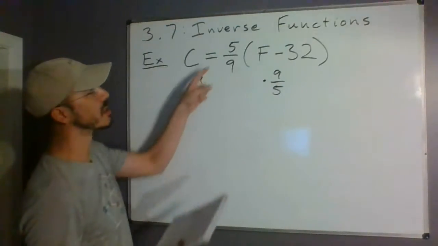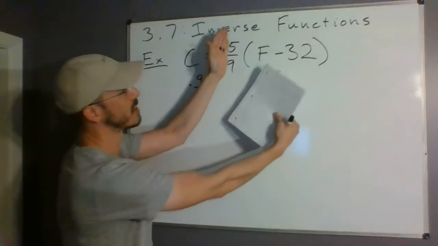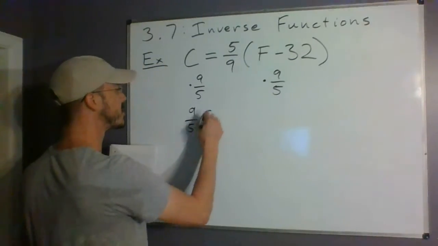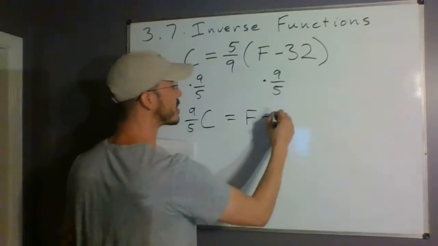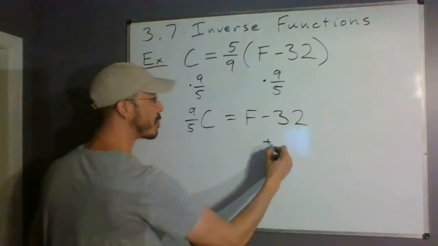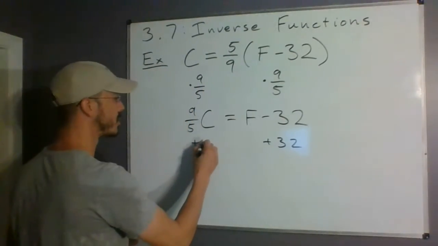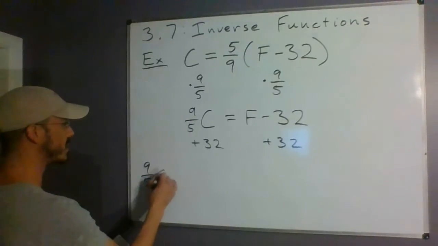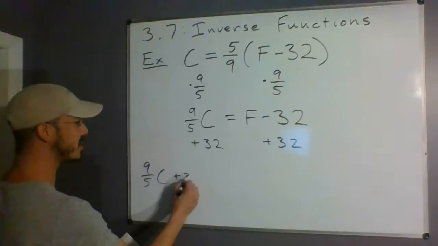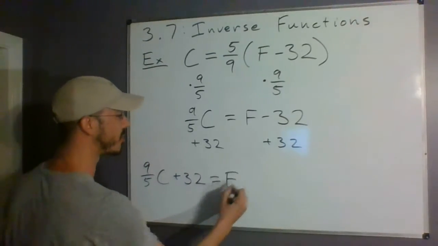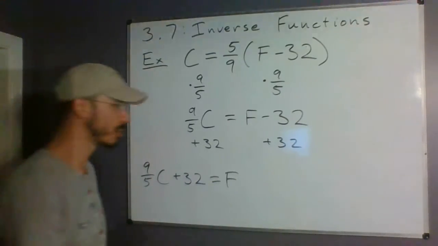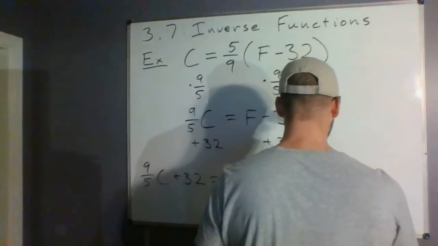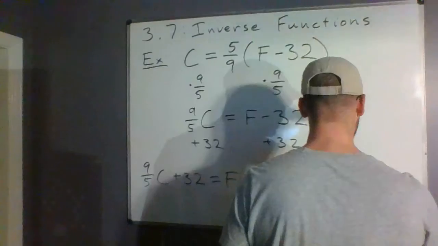The reason is that 5/9 times 9/5 goes away, that's 1. So I have 9/5 C equals F minus 32, and then one more step, plus 32 on both sides. 9/5 C plus 32 equals F, or a little bit more readable, F equals 9/5 C plus 32.